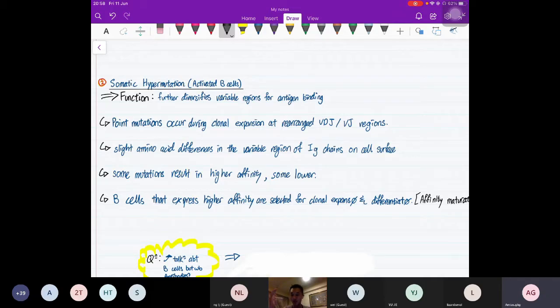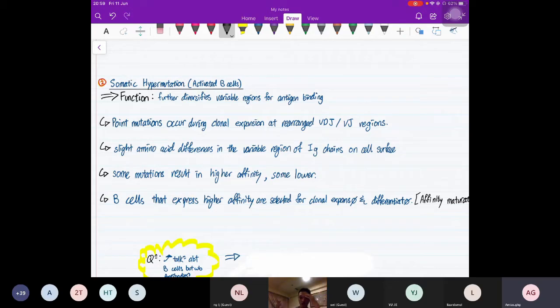Again, don't use this word in your exams, just for you to understand. The conformation of the antigen binding site of your antibody is more complementary to the antigen conformation.